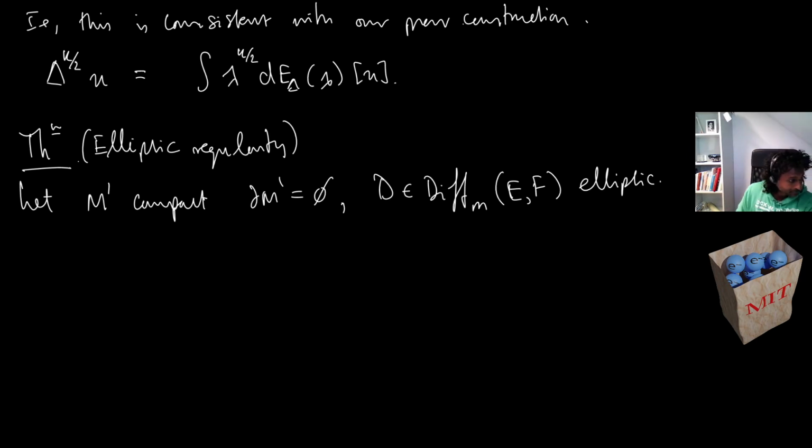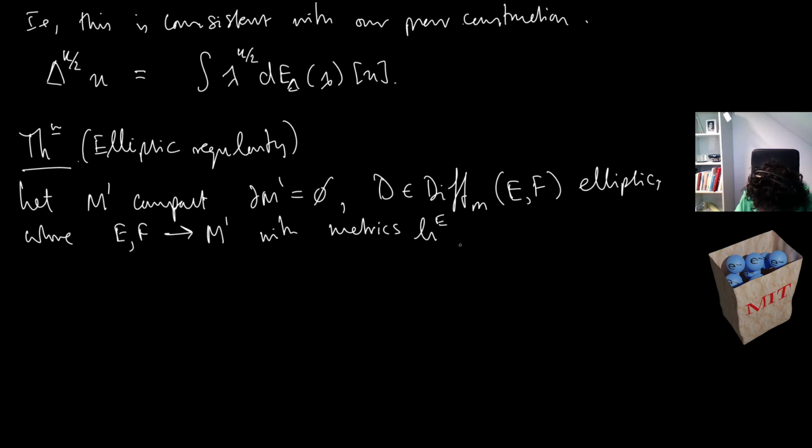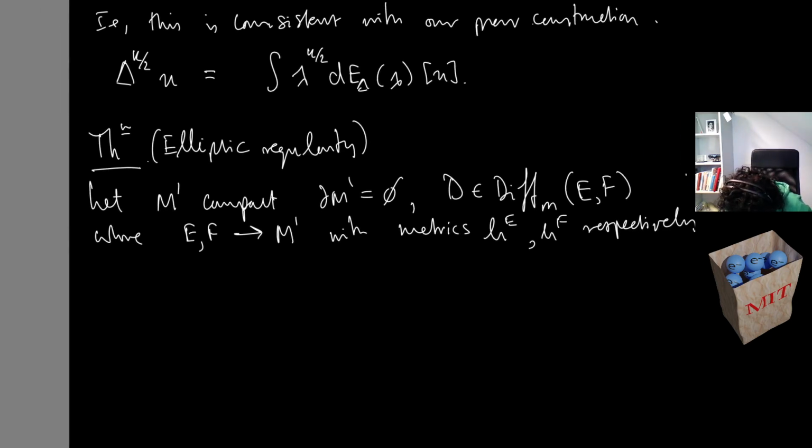Where E, F are bundles over M with metrics h_E and h_F respectively. Then, maybe I'll get rid of elliptic here, sorry. Let me just say this.